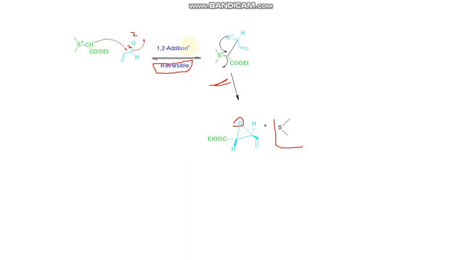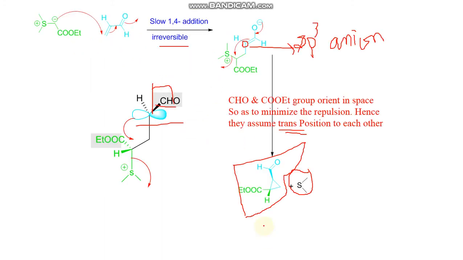So a carbon-heteroatom bond is not at all stable. That's why this epoxide is less stable than the cyclopropane ring. That's why the 1,4 addition step is irreversible, due to the formation of a stronger C-C sigma bond.